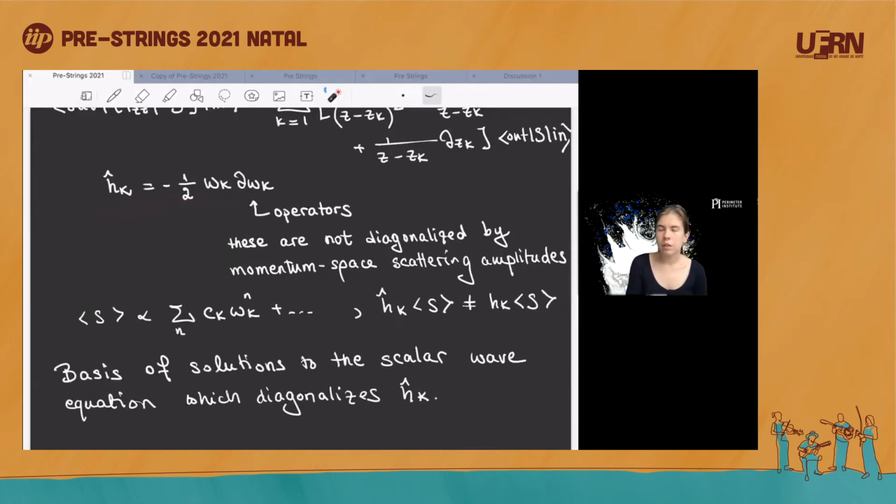One thing to notice is that when I wrote down the expression for the subleading soft factor, it involved these projections of the angular momentum operators along directions of the particles involved in the scattering process. And so naturally, one may start looking for a basis which, instead of diagonalizing momenta, as plane waves typically do, diagonalizes boosts.